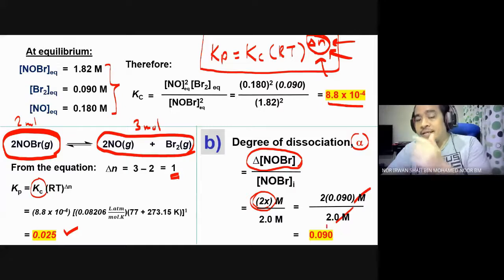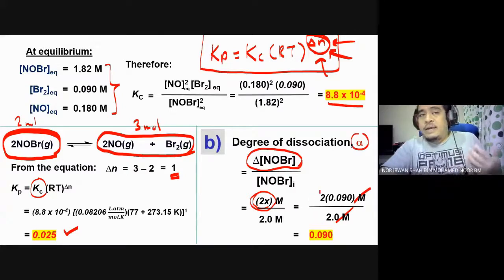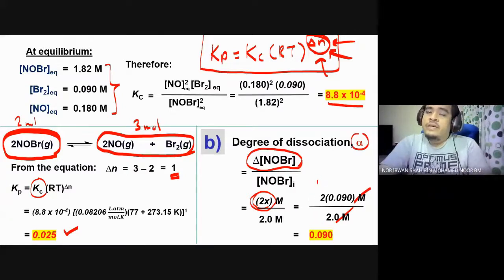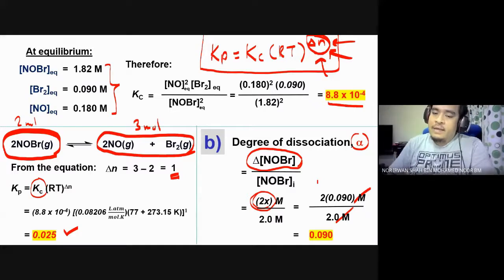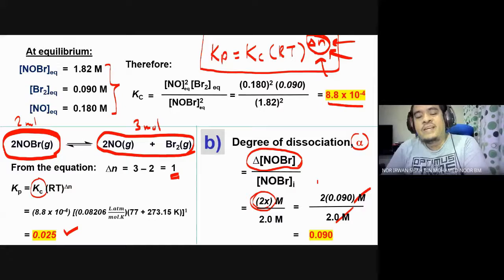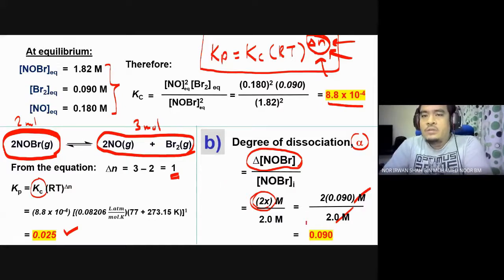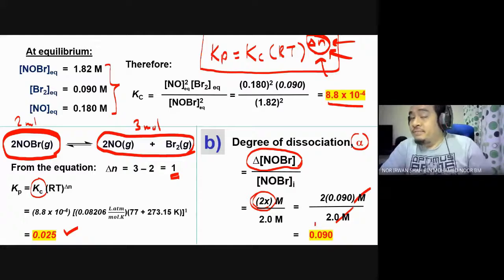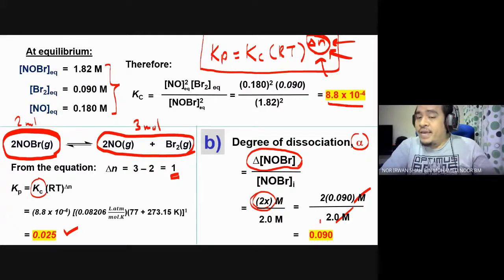Okay, class, let's say the question further asks you to find the percentage of dissociation. So how to convert from this 0.09 into percentage of dissociation? Yes, simply we just multiply by 100%.